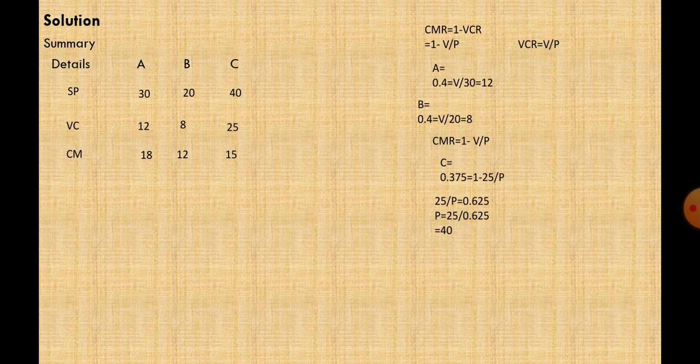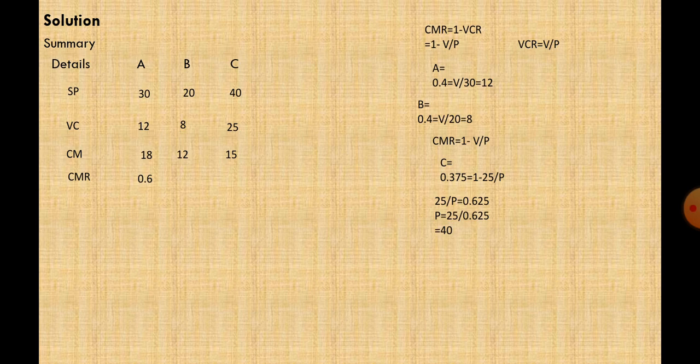Then the next step is to look for the contribution margin ratio. We say that the contribution margin ratio is equivalent to the selling price minus the variable cost, divided by the selling price. We already know the selling price minus the variable cost, which is 18, so we divide by the selling price: 18 divided by 30 gives you 0.6.